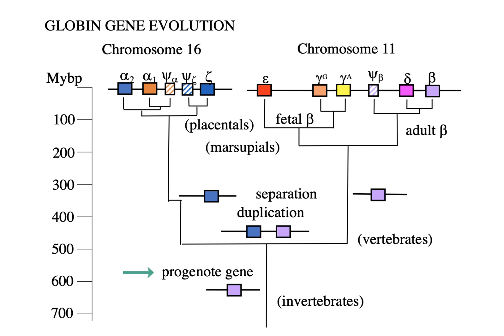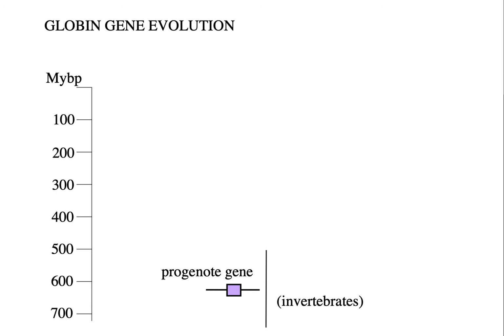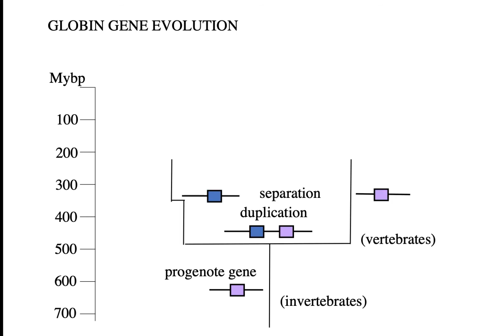And then going back a little further, you have the progenote gene, which was essentially myoglobin. So looking at it forward, first there was the progenote gene in invertebrates. As these were inherited by the vertebrates, there was a duplication, and actually several duplications, followed by separation onto separate chromosomes in the jawless and jawed fish.